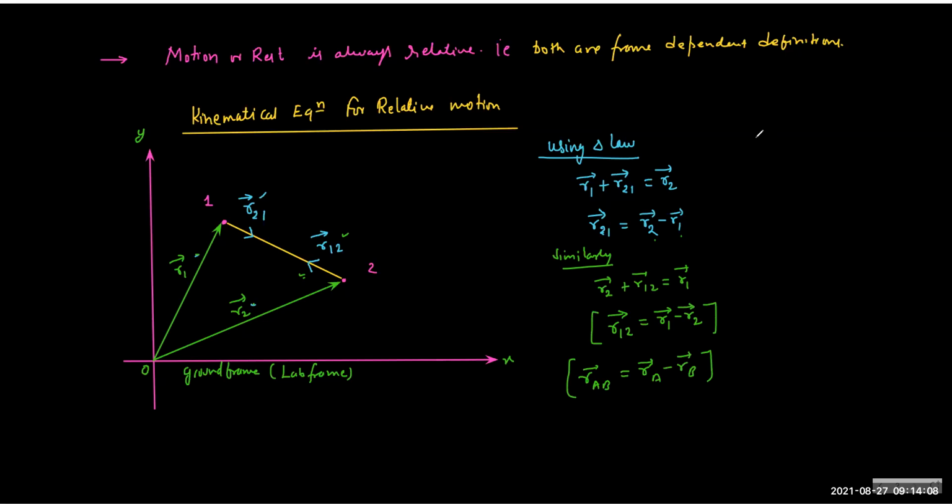So I write R, object, and then observer. Object means what you are observing, the thing you are observing, and who is observing. What and who. So what are you observing, and who is observing?